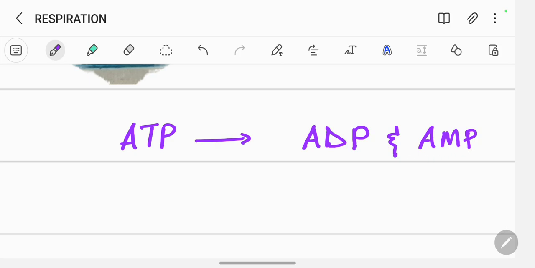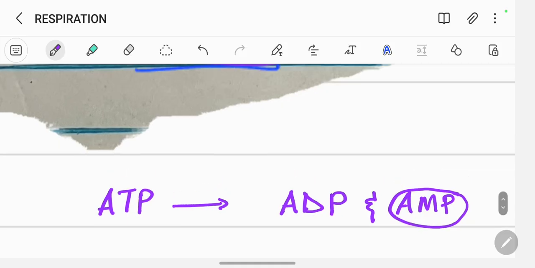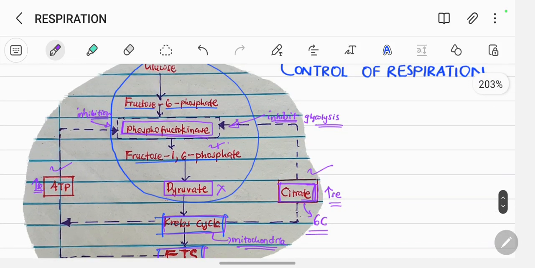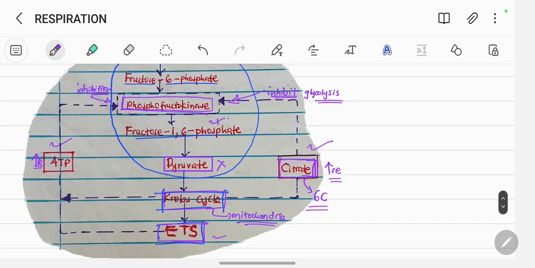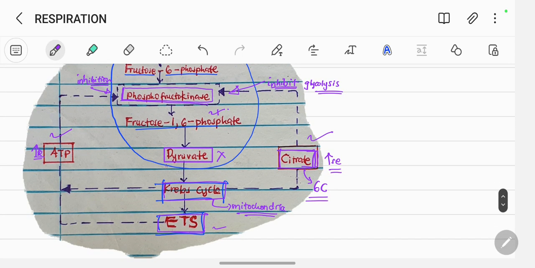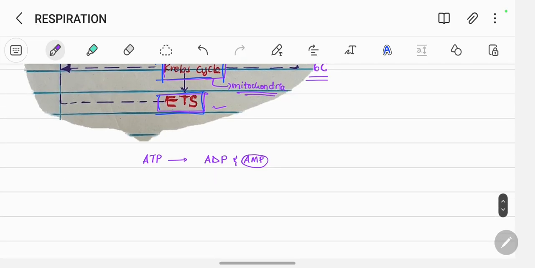It's this AMP that is going to bind on the phosphofructokinase. Phosphofructokinase has very many receptors and active sites for ATP, for citrate, and for AMP.